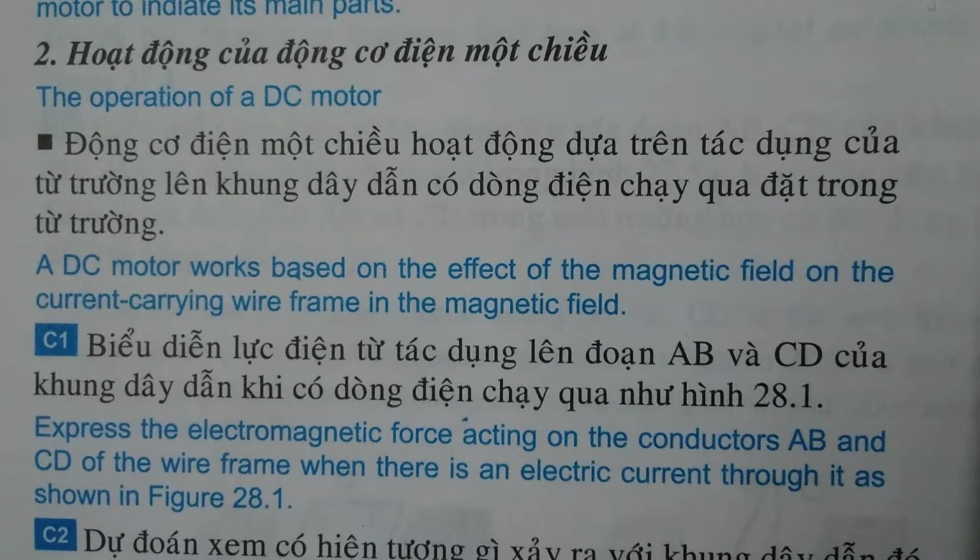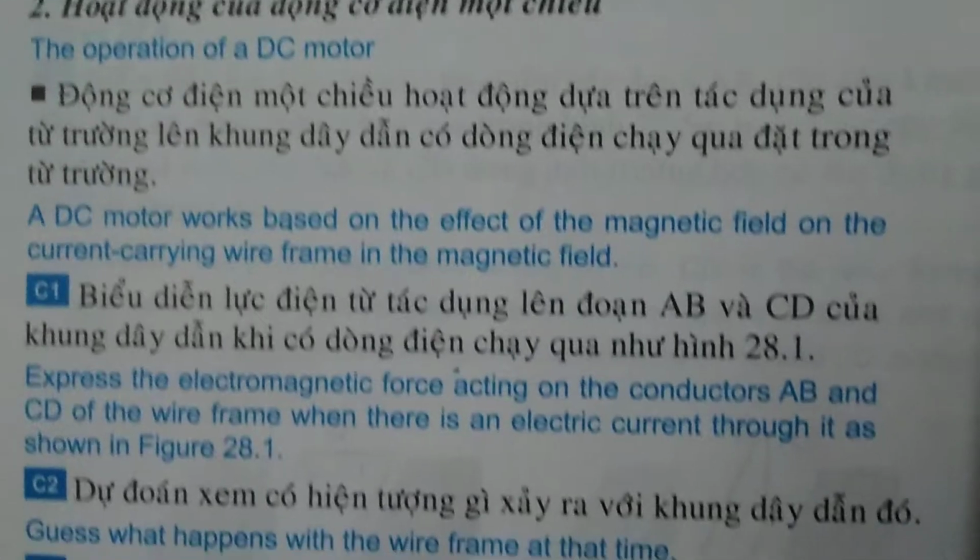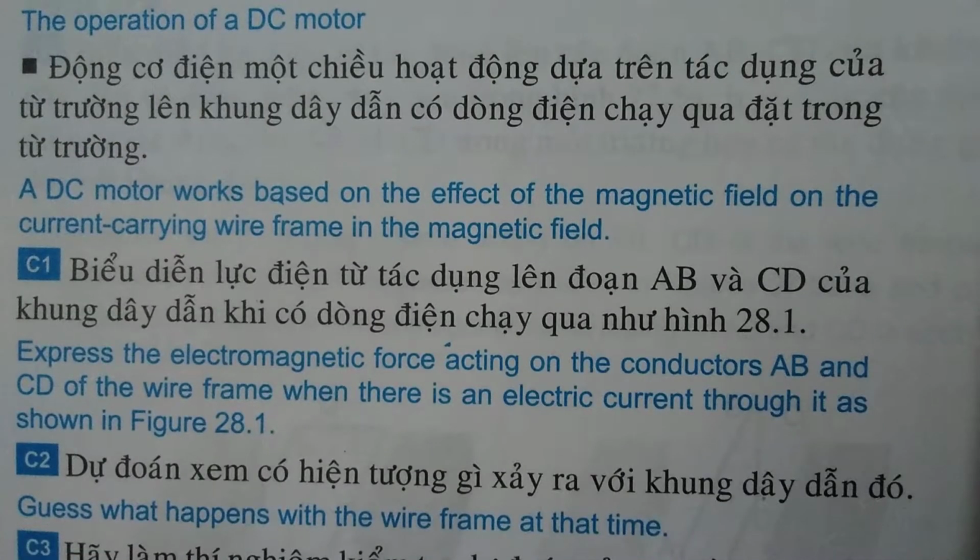Express the electromagnetic force acting on the conductors AB and CD of the wire frame when there is an electric current through it, as shown in figure 28.1.